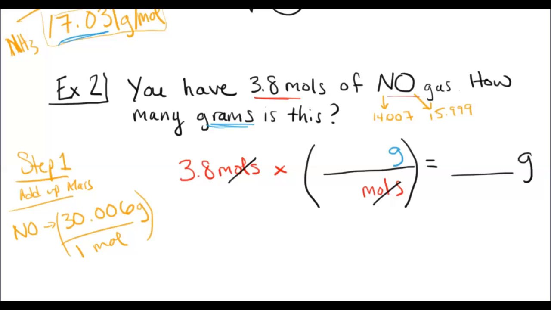For this, the top number should be 30.006, this number right here, and then 1 mole, just like over here. So we're just going to multiply across. This one's super easy.